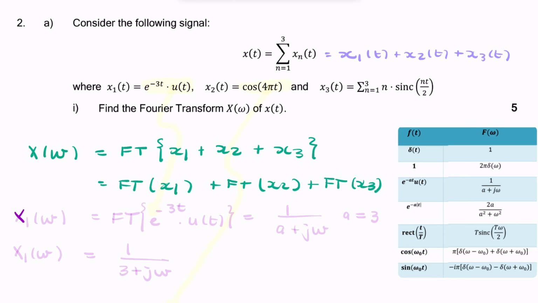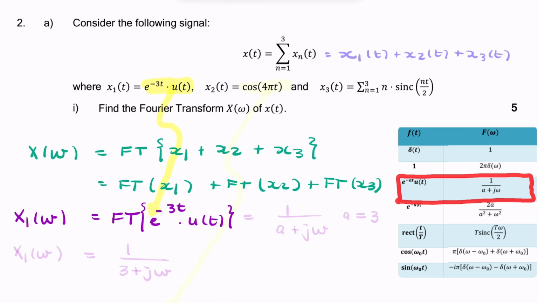So x1 of omega is the Fourier transform of x1 of t, which is given up here. So e to the negative 3t times u of t. And we can use the table of Fourier transforms where we're given that e to the negative at u of t forms a Fourier pair with 1 over a plus j omega.